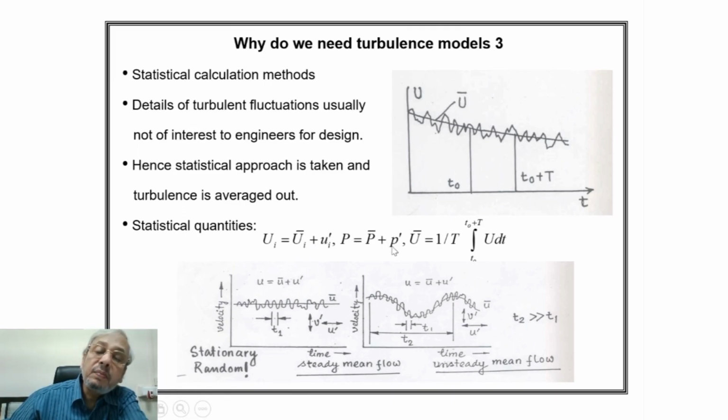Pressure is p bar plus p prime. Now the average velocity is over a time period. This is what I was saying. Here a large time period can be taken. Here also you can take a large time period, but at least the time period should be greater than T2. And over this time window, if we perform the integral divided by T, we will get the average velocity.